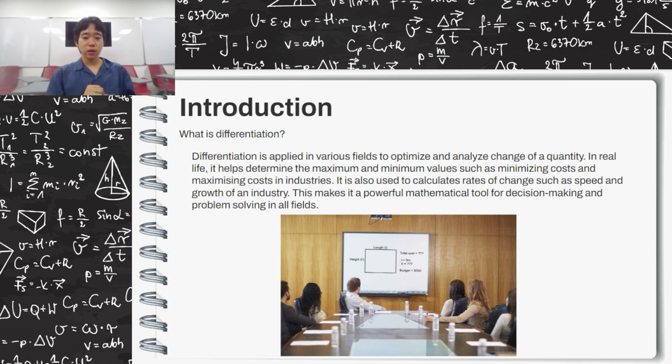Differentiation is also used to calculate rates of change, such as speed in physics or the growth rate of a business or an industry, because it helps us both analyze change and optimize results.